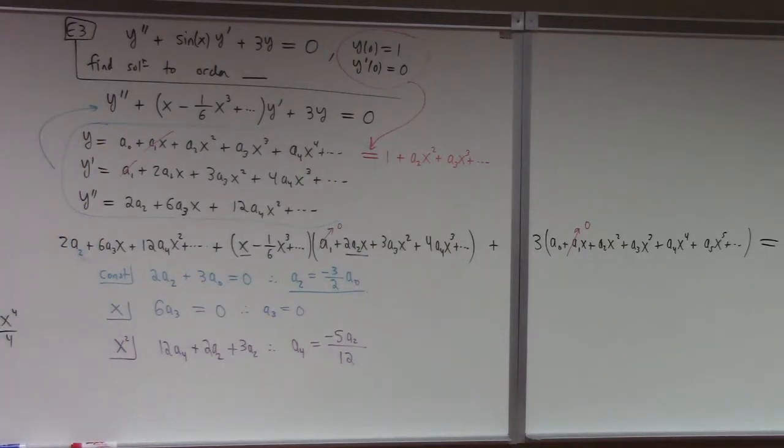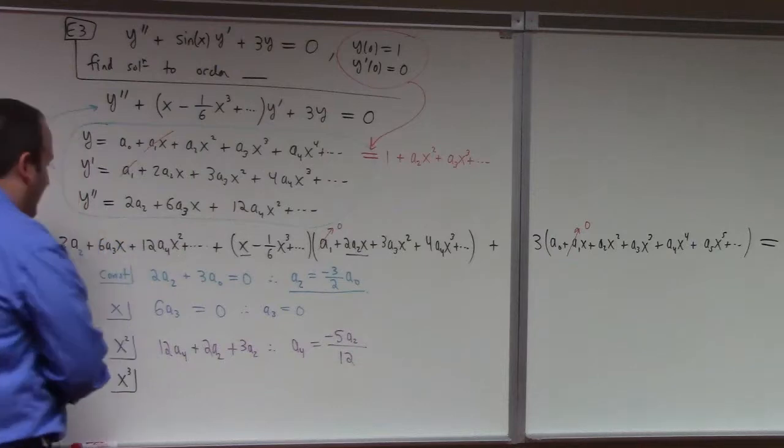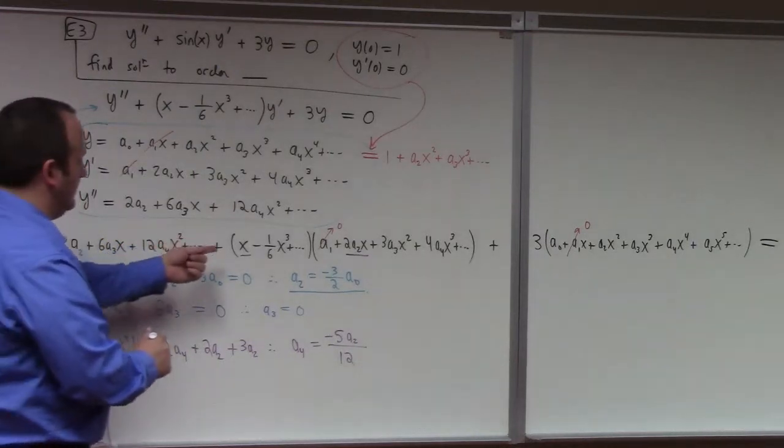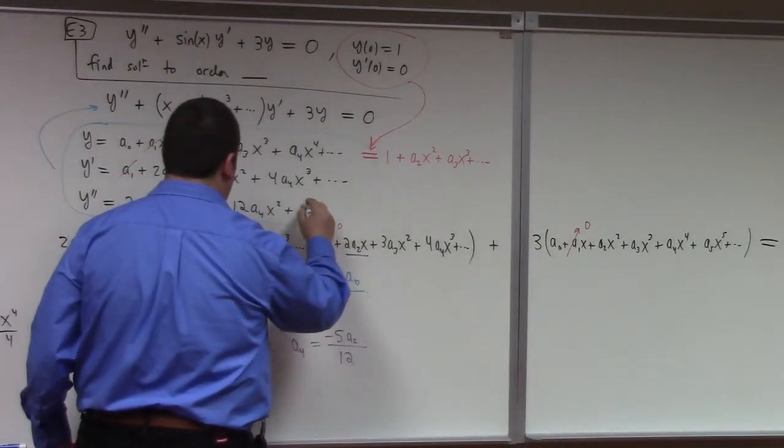All right. I'll do one more. x cubed. What do we have for x cubed? I didn't write it down, but what would the next thing be here from y prime prime? This is 3 times 4.